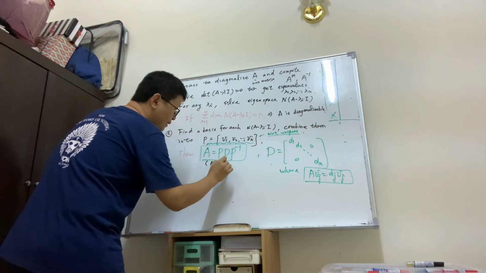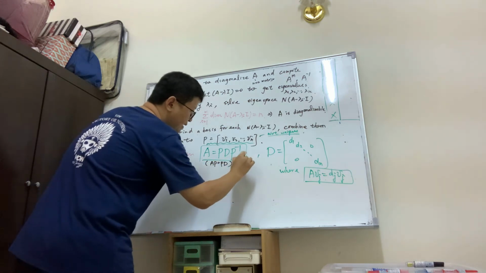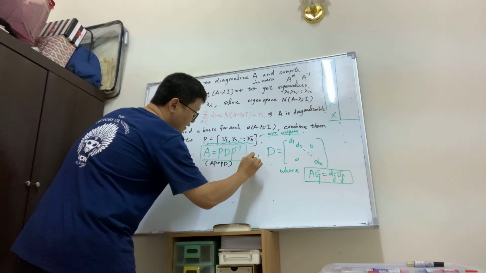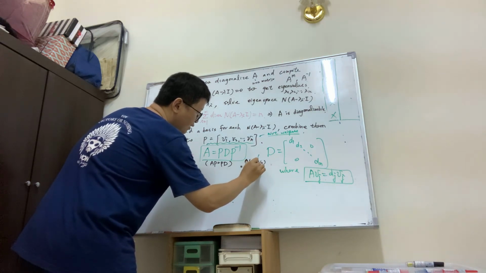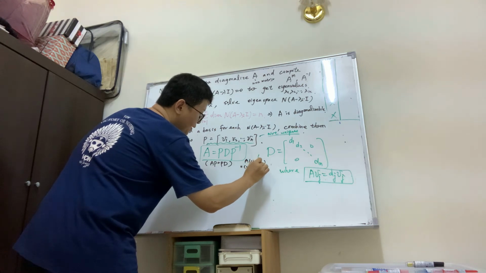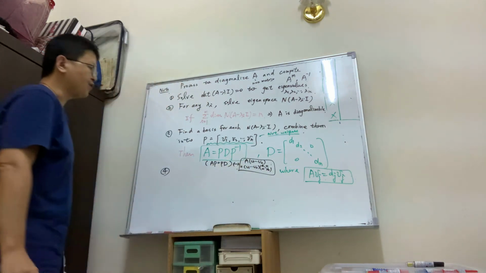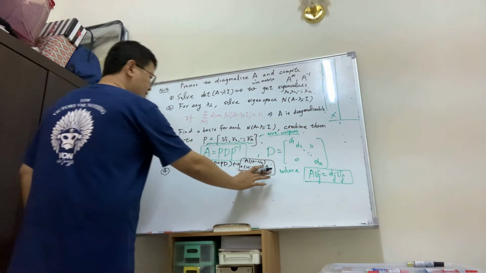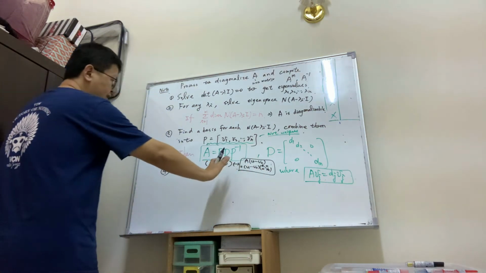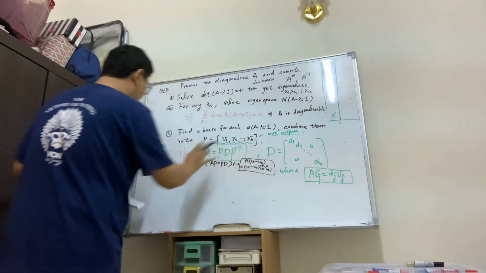That is, A times [V1, ..., Vn] is equal to [V1, ..., Vn] times the diagonal matrix with D1 to Dn. That's the reason. I think it's the key point, but it's a detail, so you could skip it. You should just memorize this result.